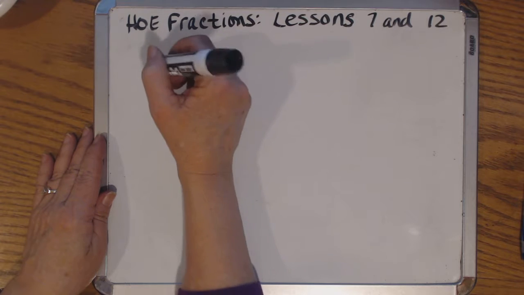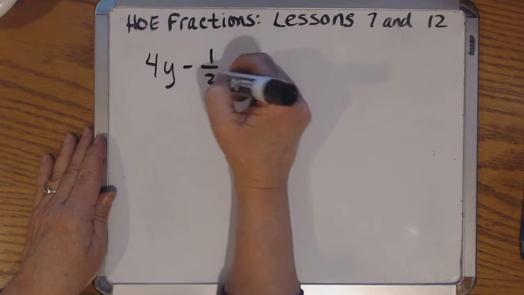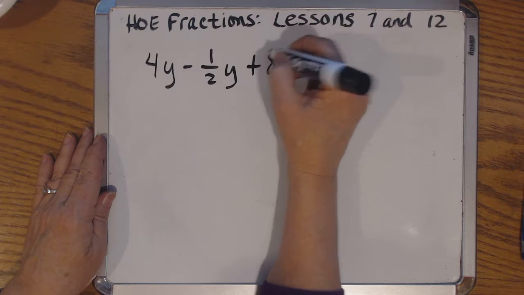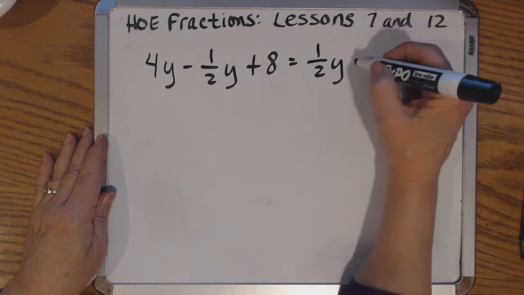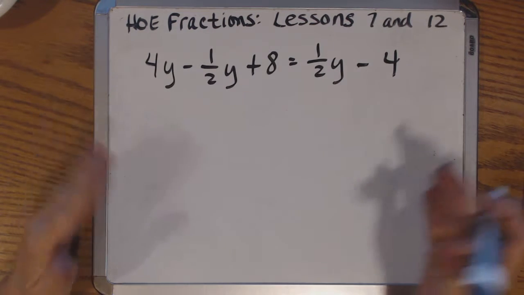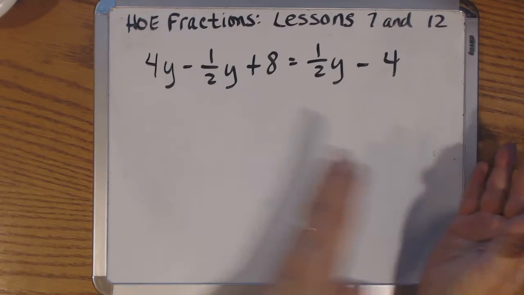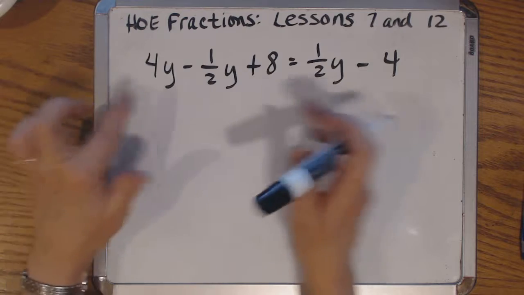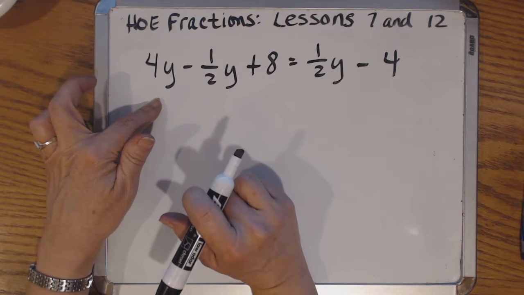Okay, so here's example 1: 4y minus half of y plus 8 is equal to half of y minus 4. All right? I want all my y's on one side and all my constants on the other. y doesn't have to be on the left, but since I already have 4 y's over here, I'm going to move everything over here.